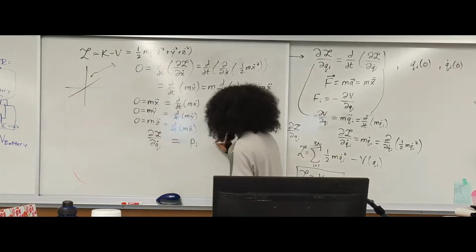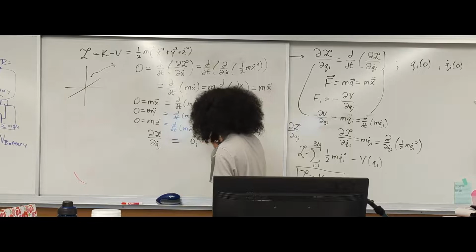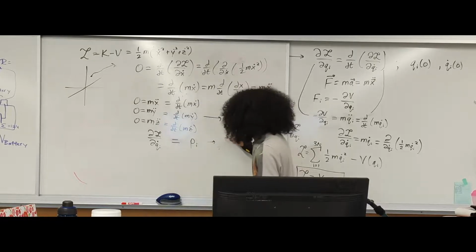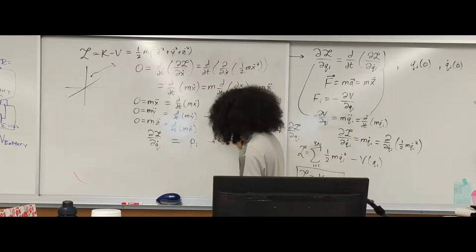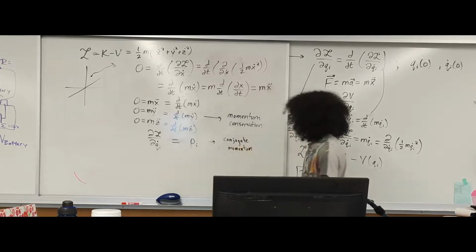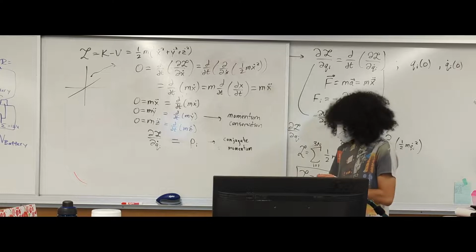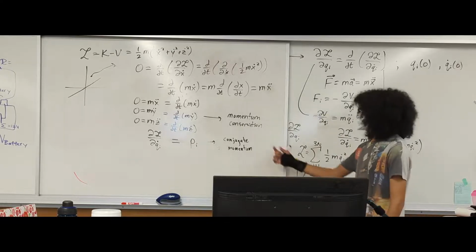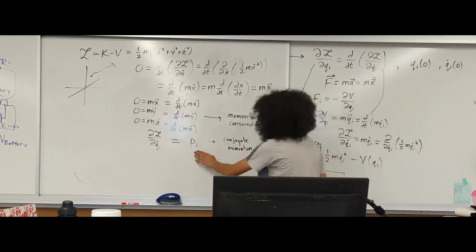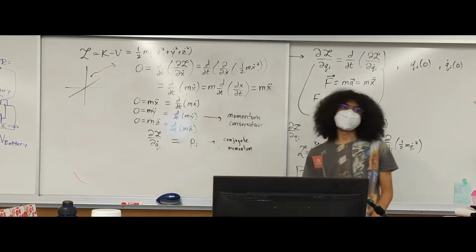Okay, so these are called conjugate momenta. Or I guess the singular would be conjugate momentum. The idea in which they're conjugate is that they're conjugate to that generalized coordinate.